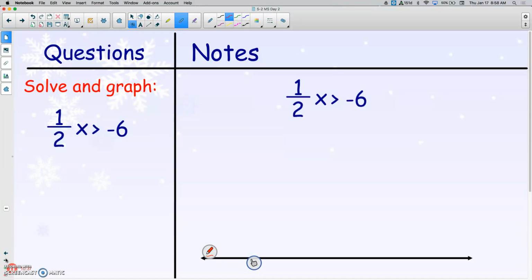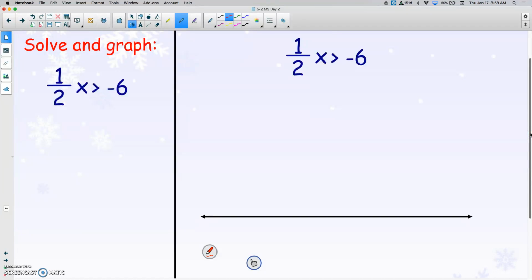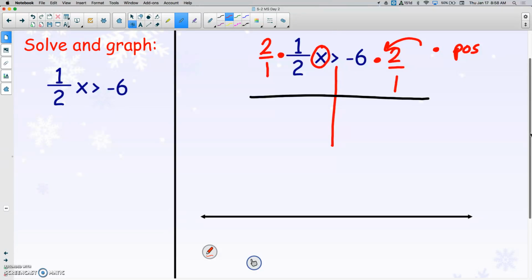My next example has a fraction again. So I'm going to do the same thing this time. Multiply by the reciprocal. So the reciprocal of 1/2 is 2 over 1. I'm multiplying by a positive, so I do not need to flip my symbol. Cancel the 2's, cancel the 1's.